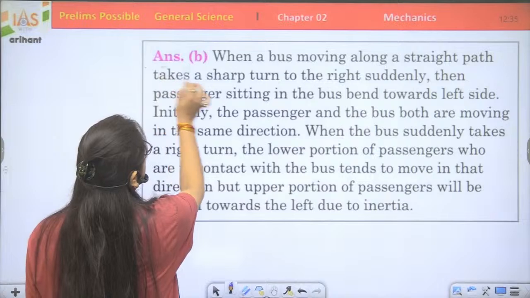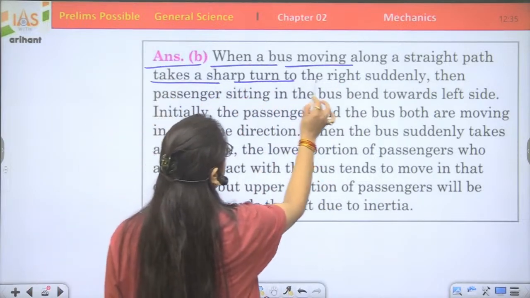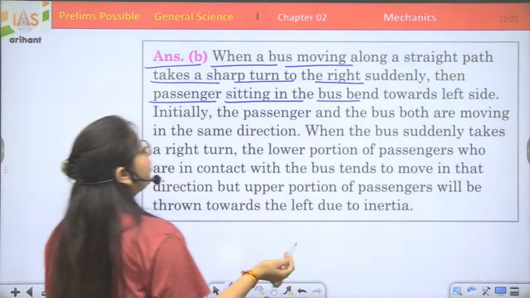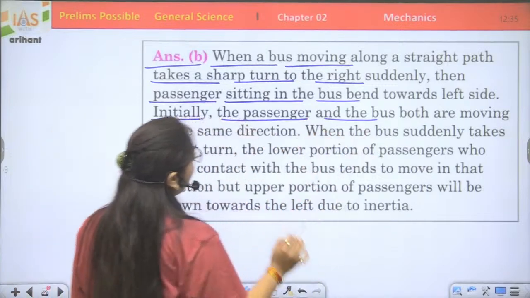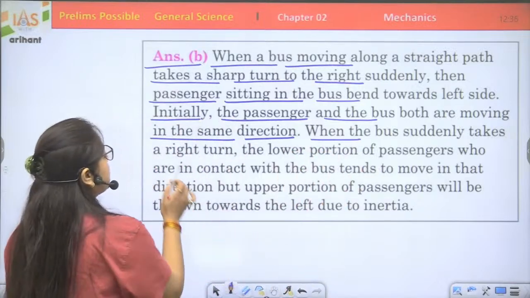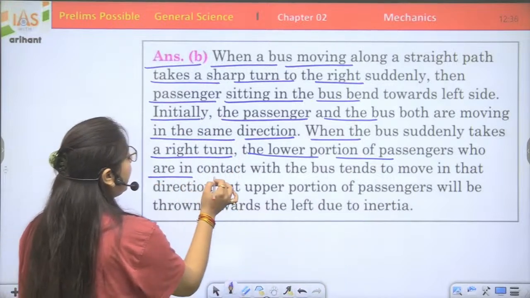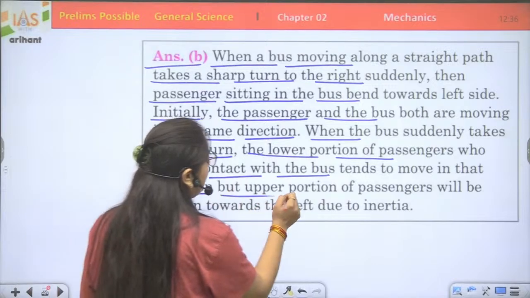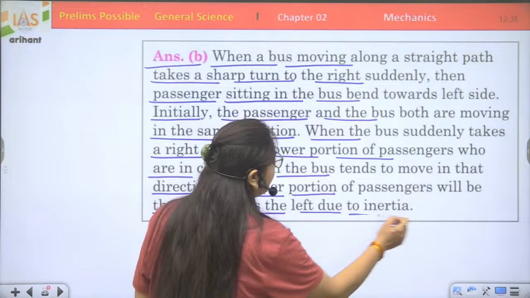Option B. When a bus moving along a straight path takes a sharp turn to the right suddenly, then passengers sitting in the bus bend towards the left side. Initially, the passenger and the bus are both moving in the same direction. When the bus suddenly takes a right turn, the lower portion of the passengers who are in contact with the bus tends to move in that direction, but the upper portion of the passengers will be thrown towards the left due to inertia.